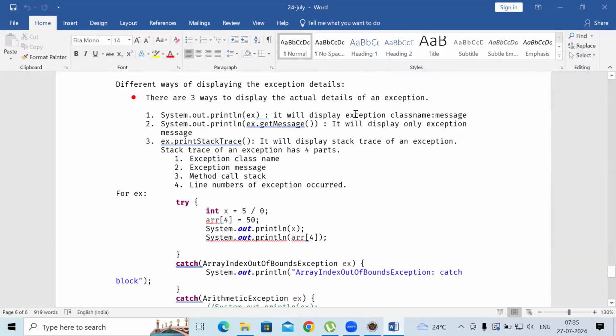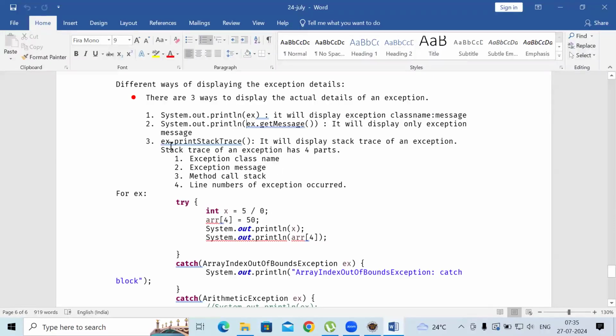What I told is there are three ways to display the actual details of an exception. One is writing System.out.println of ex. The second way is System.out.println of ex.getMessage. There is a method called getMessage which will only display the exception message.